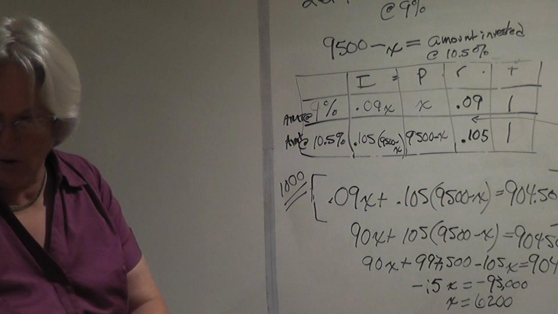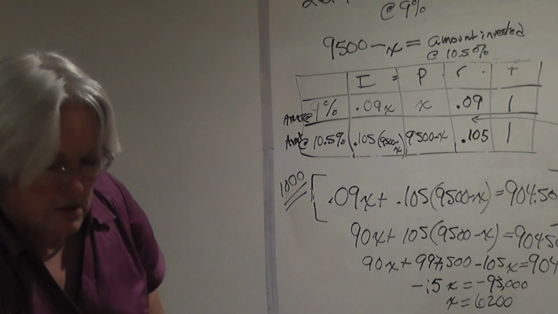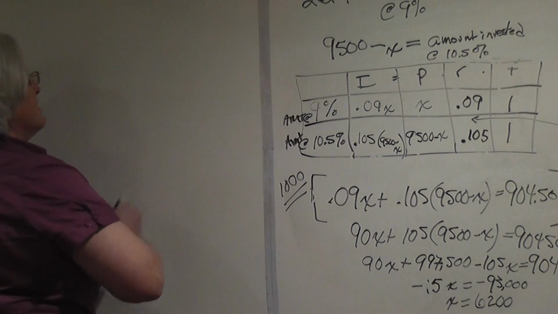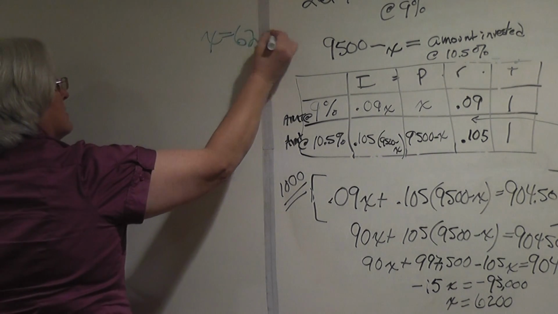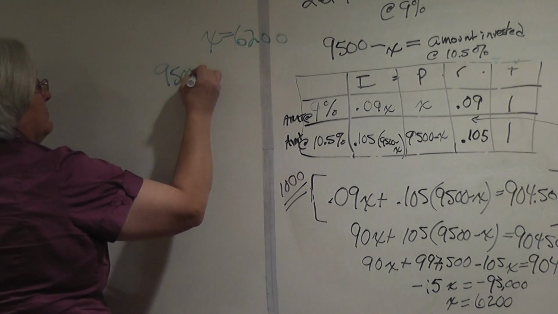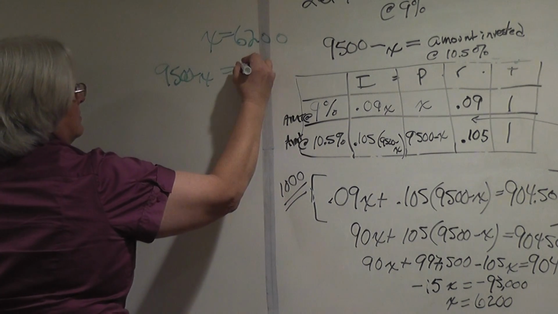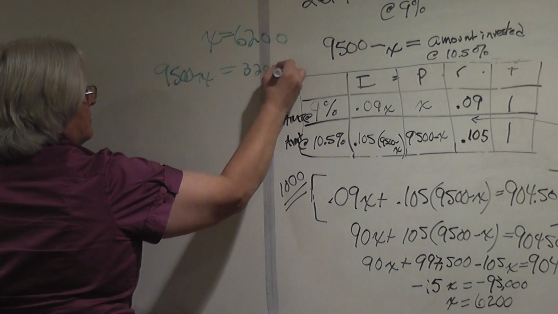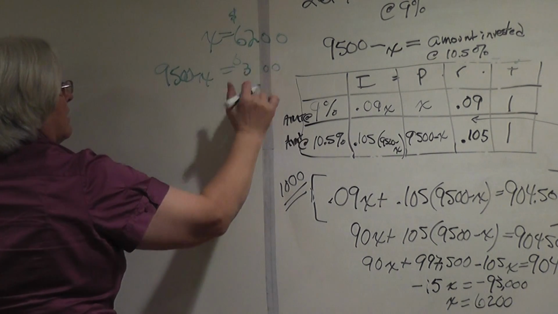Let me get a different marker here. So I have x is equal to 6,200, 9,500 minus x is equal to $3,300, sorry.